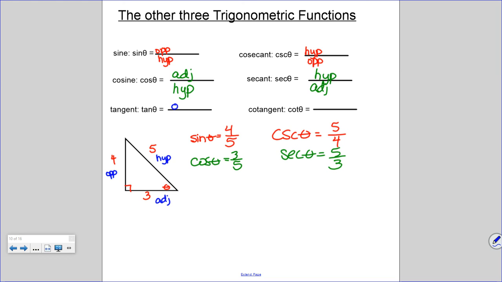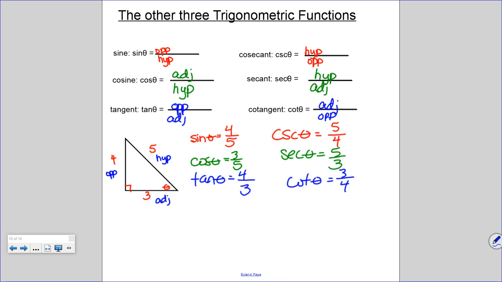And then for tangent, we know tangent is the opposite over the adjacent side. Cotangent is its reciprocal. It's the adjacent side divided by the opposite. So for this, the tangent would be opposite 4 over adjacent 3. Cotangent is the reciprocal, 3/4.